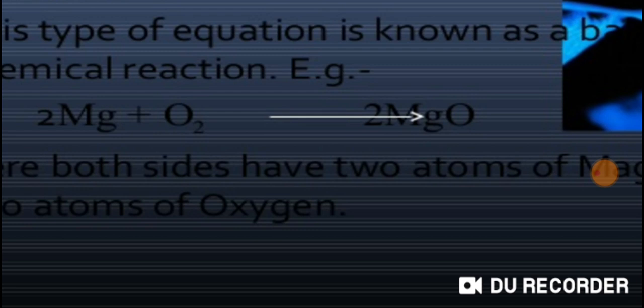So by adding 2 on the magnesium oxide product, we also have two atoms of oxygen on the right side. Both sides have two atoms of magnesium and oxygen. This is how we balance an equation, by adding a numeric coefficient to it.